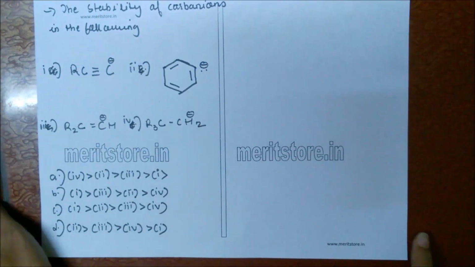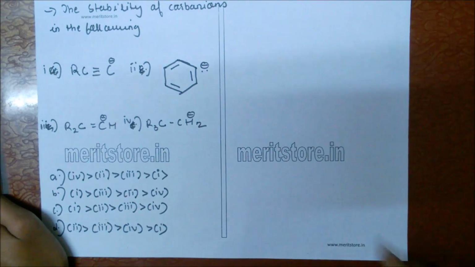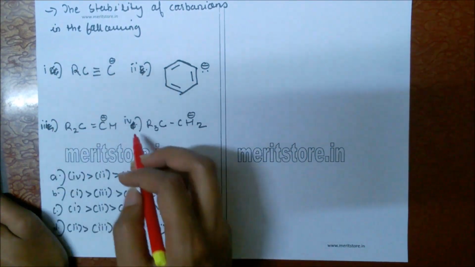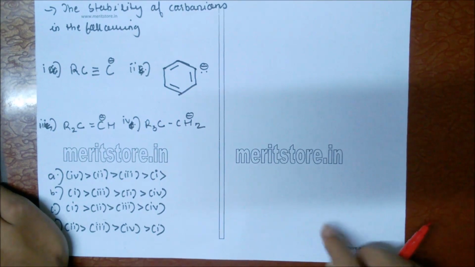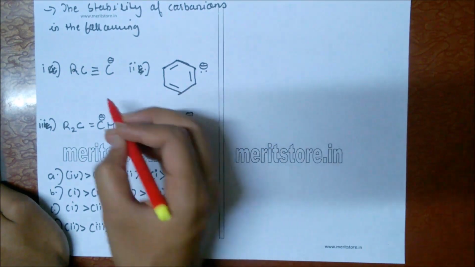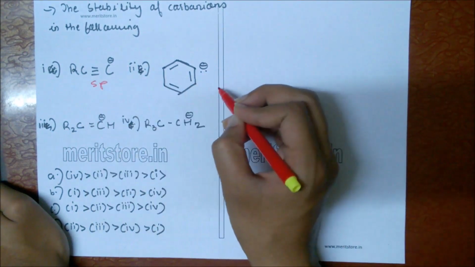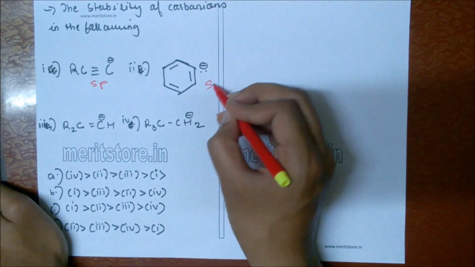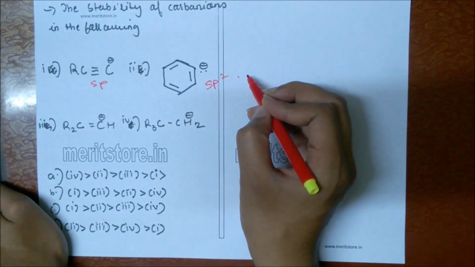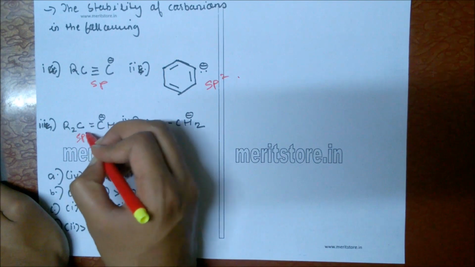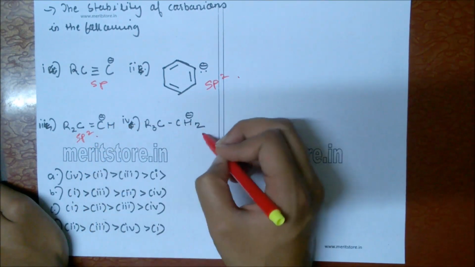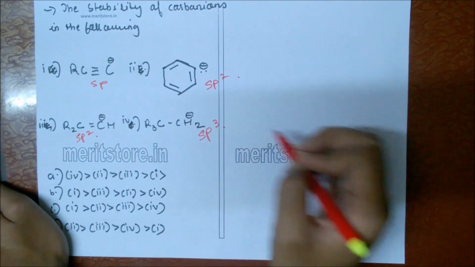The stability of carbanion in the following 1, 2, 3 and 4 is: the first compound is sp hybridized, the second, benzene anion, is sp2 hybridized, the third compound is sp2 hybridized, and the fourth is sp3 hybridized.